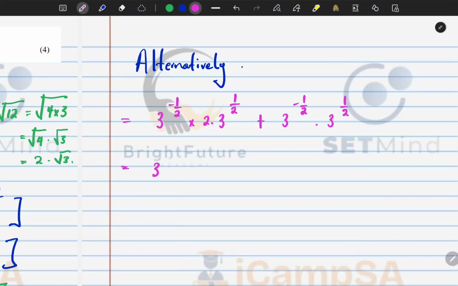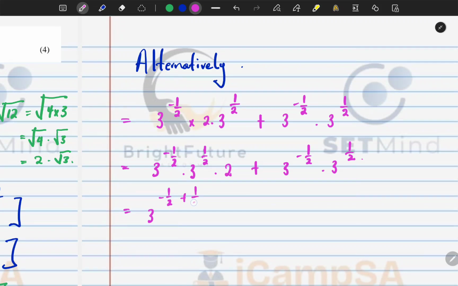You could have said 3 to the power of negative 1 over 2 times 3 to the power of 1 over 2 times 2 plus 3 to the power of negative 1 over 2 times 3 to the power of 1 over 2.